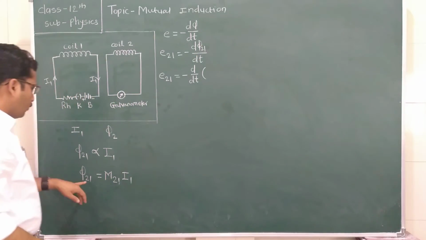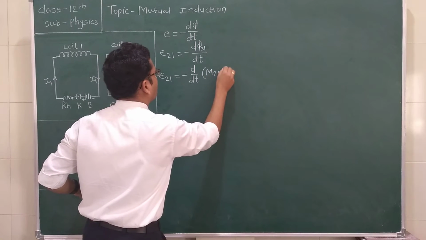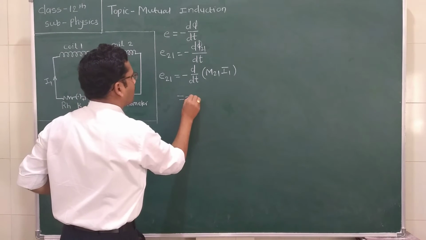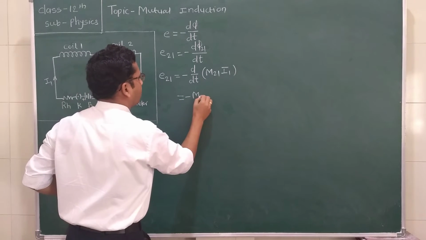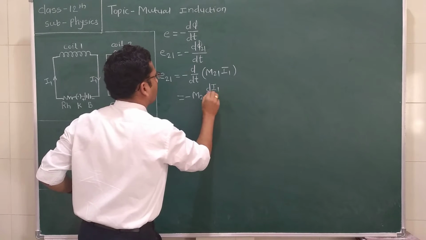So what is phi 21? It is equal to M21 into I1, so E21 is equal to minus M21 into dI1 by dt.